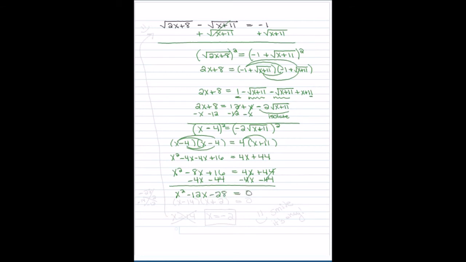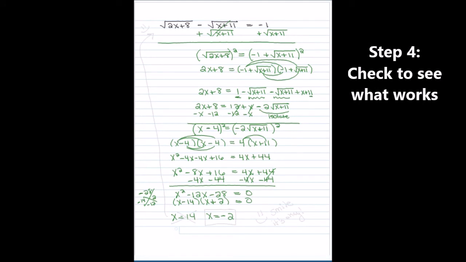So x squared minus 12x minus 28. And when we factor, we end up getting x minus 14 and x plus 2. So if I go through and solve, I end up getting x is equal to positive 14 and x is equal to negative 2.